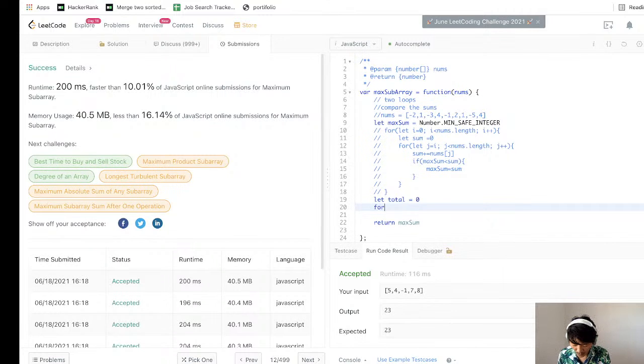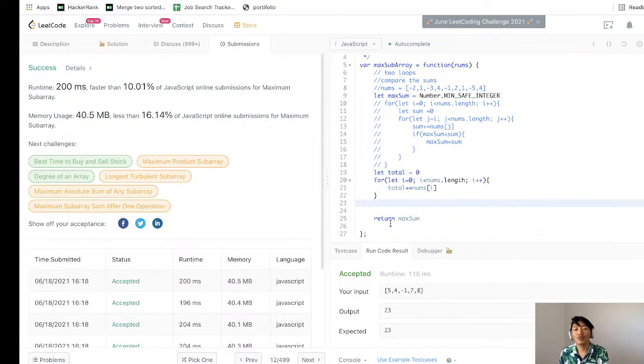So we run a loop for let i equals 0, i is less than nums.length, i plus plus, and what we will do is total plus equals nums of i. So we have the total now. If we subtract the total from this, we are getting this.